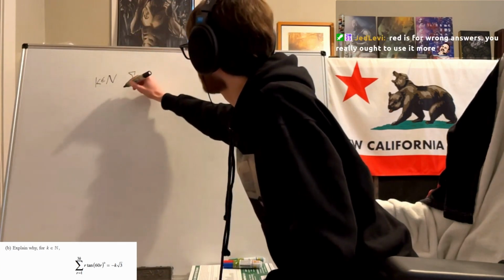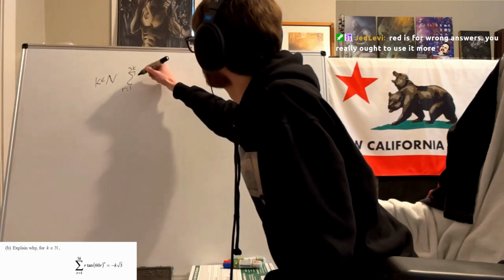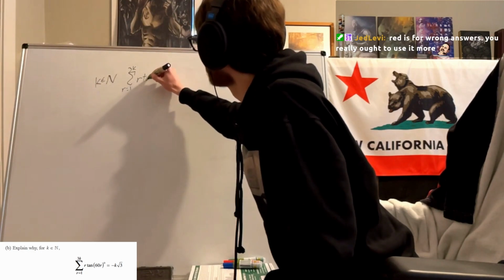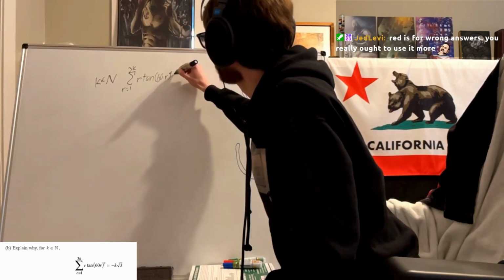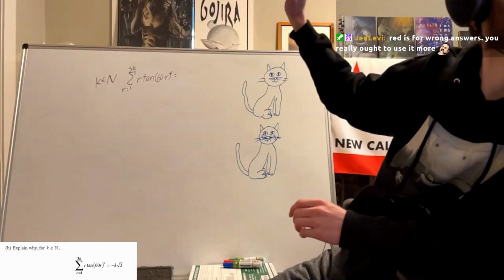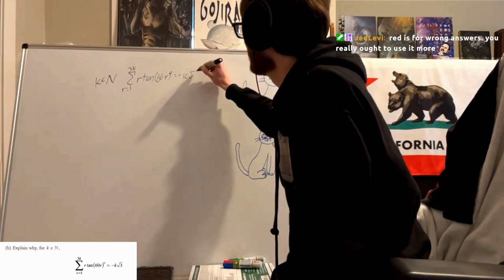No, that's horrible. It doesn't matter though. The sum of r tangent of 60 times r degrees is equal to minus k root 3. I don't know exactly where this problem is going, but I think a good first step is to compute some values and look at the pattern.